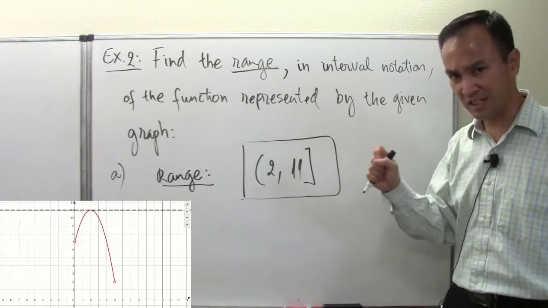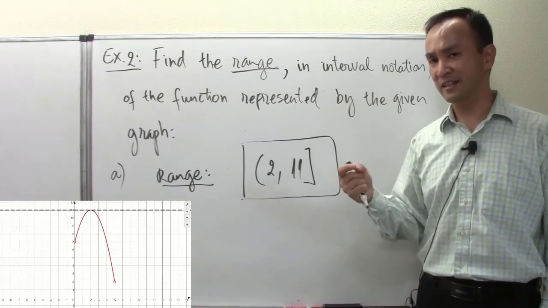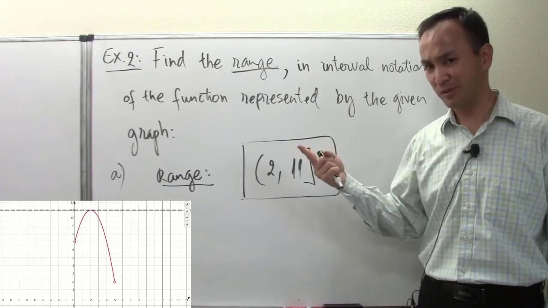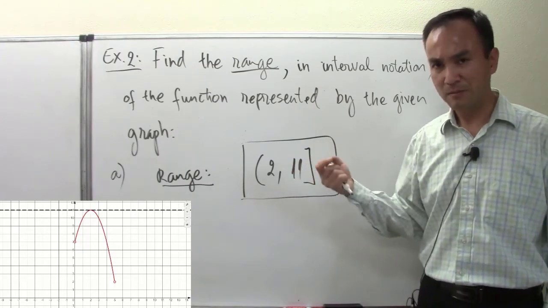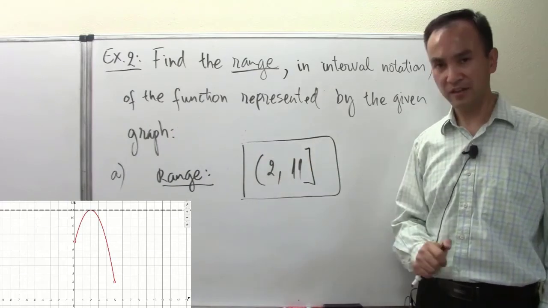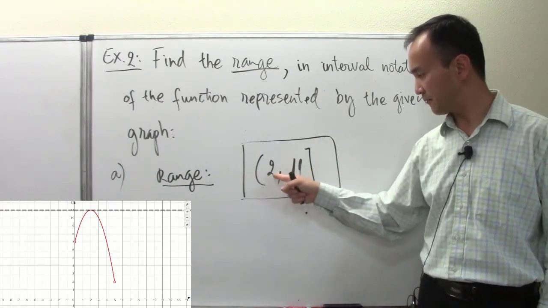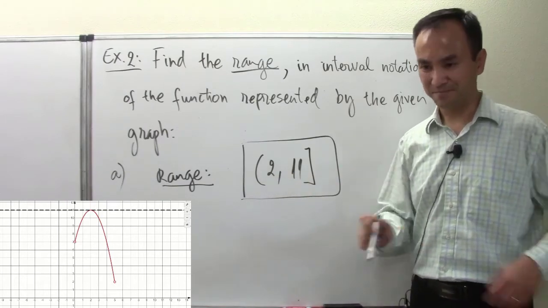Sometimes it's just one symbol and people will understand, whereas there are quite a couple of ways of saying it, and some may make people more confused. But that's the answer to this first graph: the range is from 2 to 11, including 11. All right.